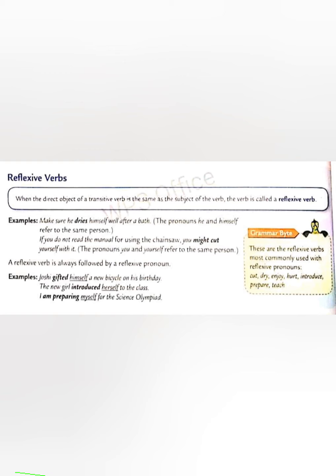One more example. If you do not read the manual for using the chainsaw, you might cut yourself with it. So here the pronouns you and yourself refer to the same person. So the verbs which come in between, that is dries and might cut, are the reflexive ones. And keep this in mind that a reflexive verb is always followed by a reflexive pronoun.